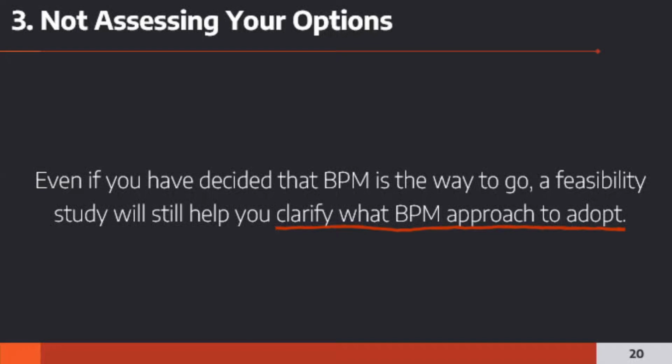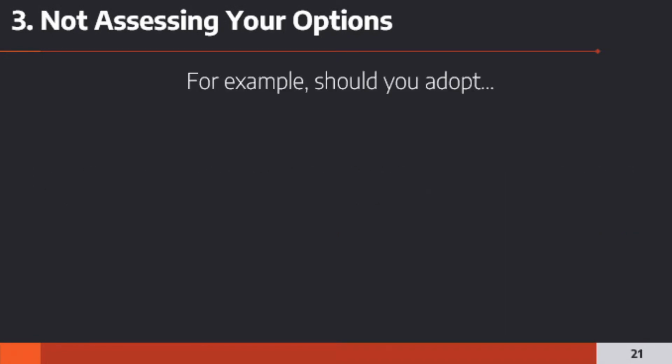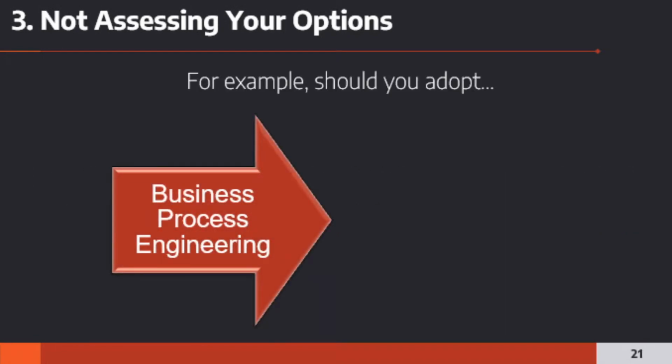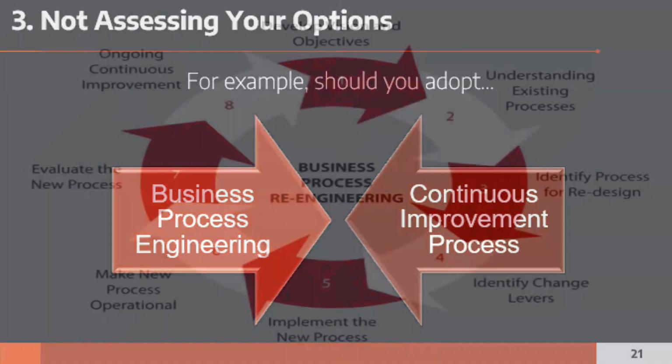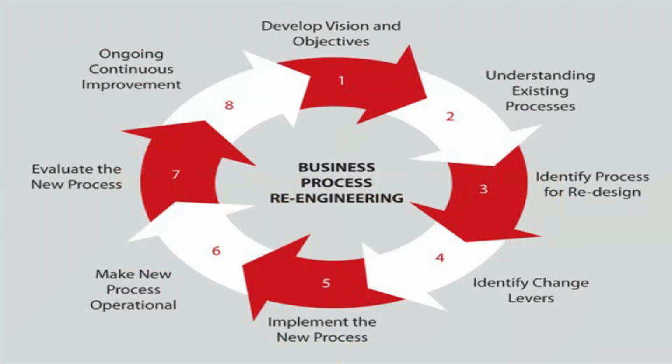Okay, so it's very important. You might ask, what BPM approach should we adopt? You have, for example, BPE, or Business Process Engineering, or you could also have the continuous improvement process. Now, when we talk about business process engineering, this refers to the study of business processes.